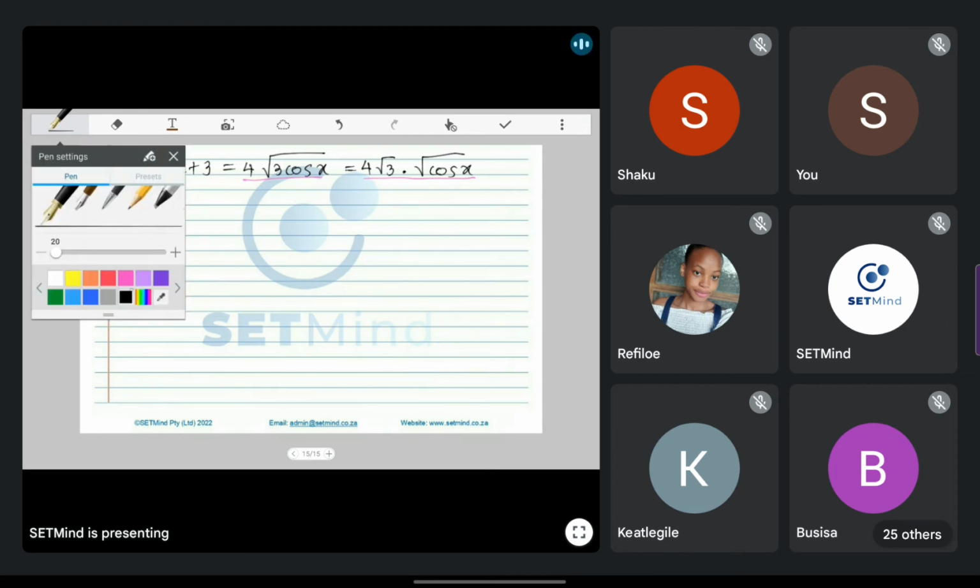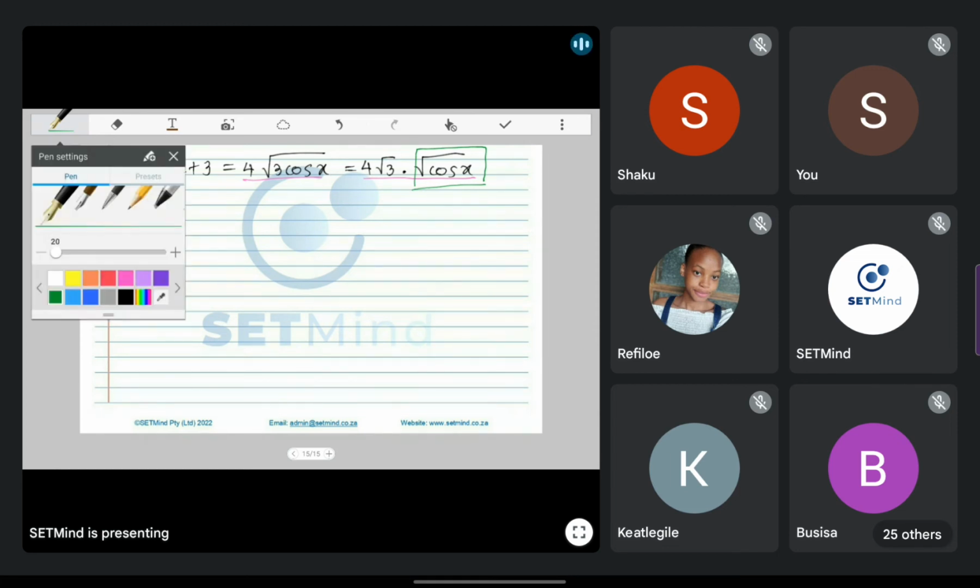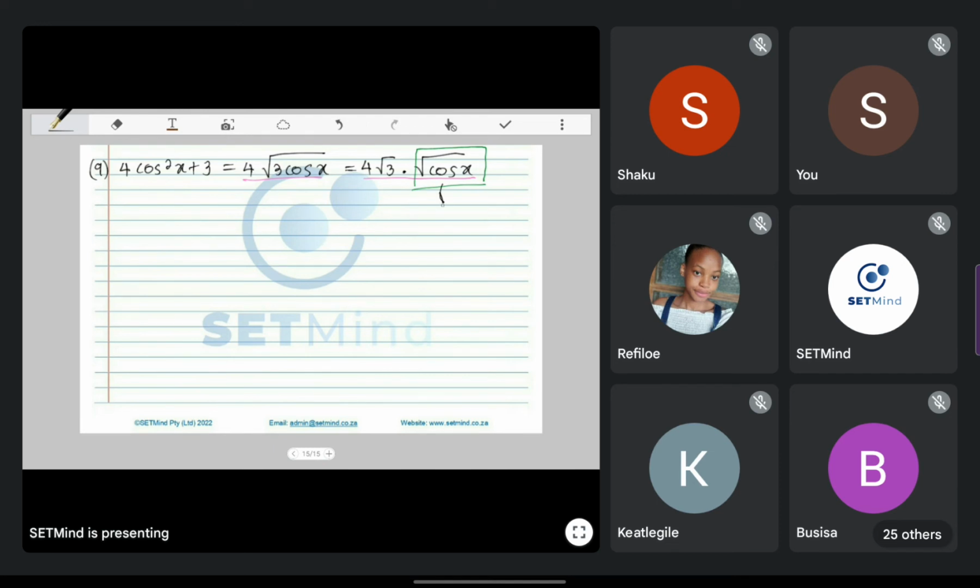So what I'm going to do is, I'm not comfortable working with this, so rather I'm going to call that square root k. I'm going to deal with the k later. So I have k as the square root of cos x, and here I have cos squared x, which should be written in terms of k.